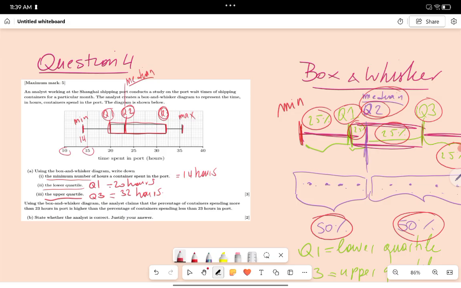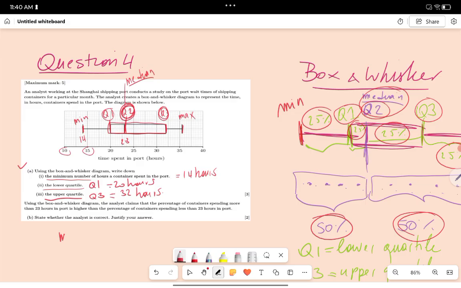So that's question A. And then, using the box and whisker diagram, the analyst claims that the percentage of containers spending more than 23 hours in port is higher than the percentage of containers spending less than 23 hours. B. State whether the analyst is correct. Justify your answer. Well, let's have a look. 23 hours is up here, and that is our median, guys.